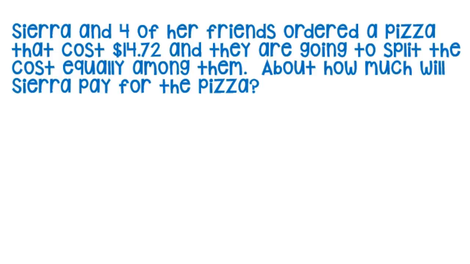So right here, I know that Sierra and 4 of her friends, so that is a total of 5 people that we have to split the bill between. So if we think about 100% of the bill divided by the 5 people, we're going to get 20%. So Sierra is going to have to pay 20% of the bill.